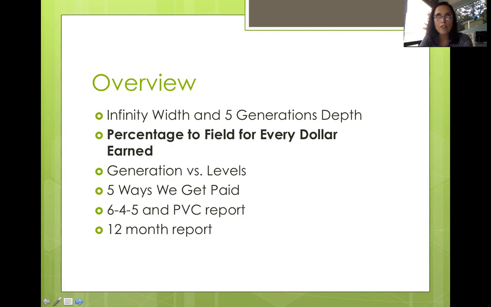But for every dollar that comes into a company, the question is how much of it goes back out to the field. So we're selling products, the Juice Plus company is collecting the money for us, right? And then they pay us a certain percentage. So what is that percentage on that dollar?